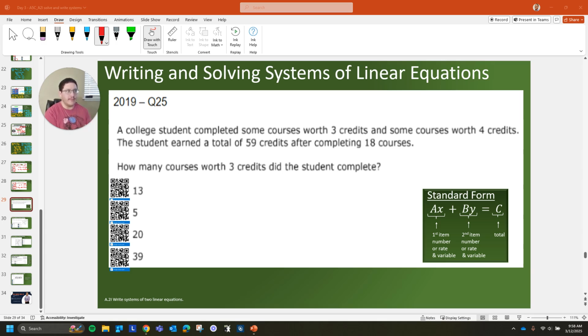So see if you can identify why this is a system of equations problem, and then proceed to find the answer. How many courses worth 3 credits did this student complete? So go ahead and pause the video. See if you can figure this out on your own. Otherwise, in about 5 seconds, I'm going to show y'all how to do this.